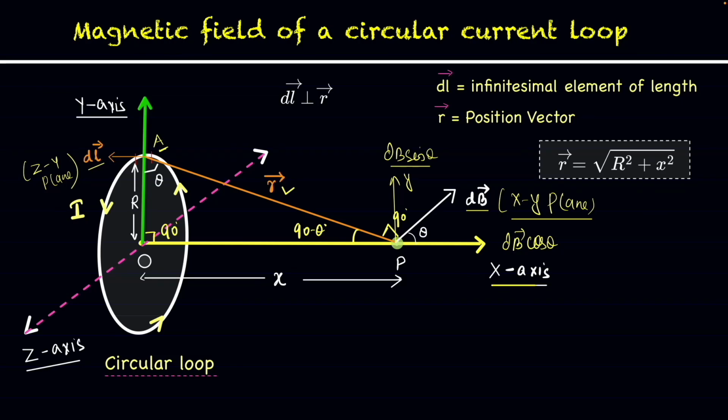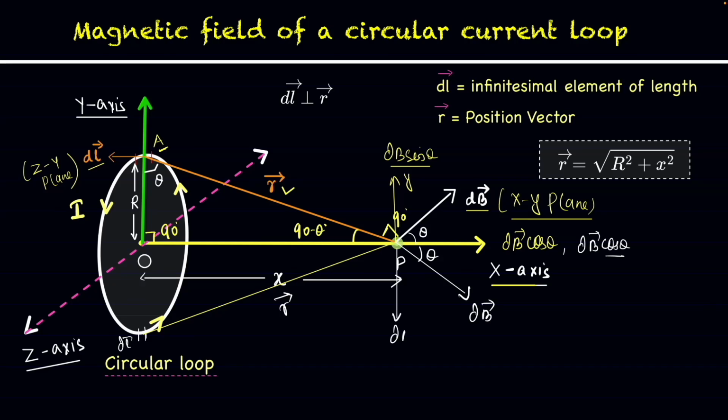But we have to find the magnetic field of the complete loop. So let's assume that here is another dl. If we join it with the point P, the magnetic field will be in this direction. This is the direction of the magnetic field, and this is the r vector. If you make the components of it, this is theta, so it will be dB cos theta, and here it is dB sin theta.